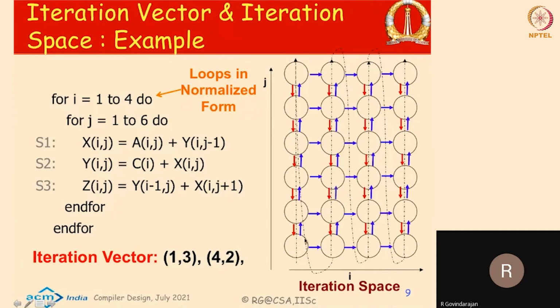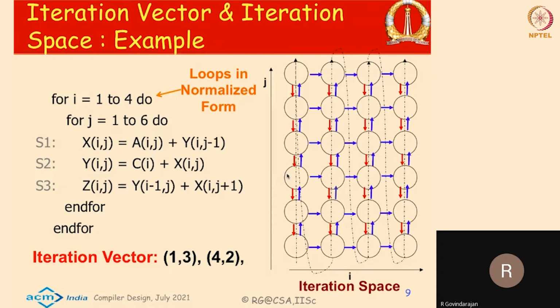Similarly, there is a 0-1 dependence here. You can see that y i j, which is being produced, is being used by statement S1 in the iteration i, j plus 1, and that dependence is essentially this blue arrow.